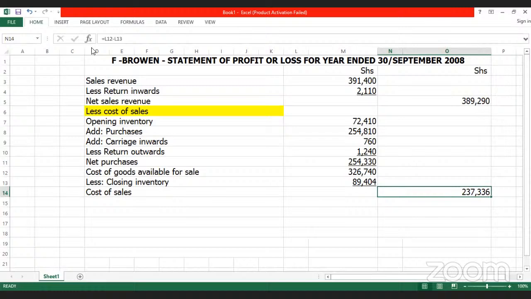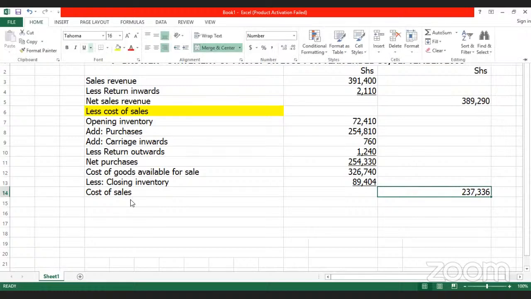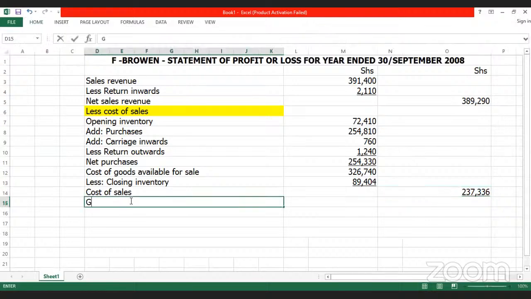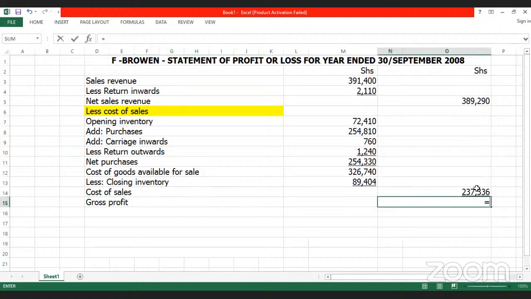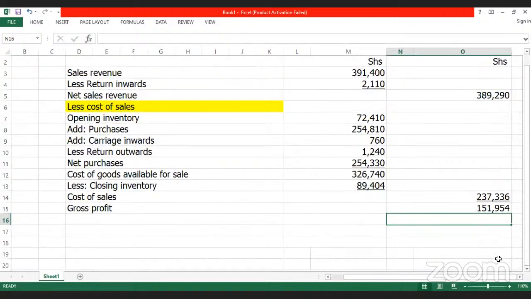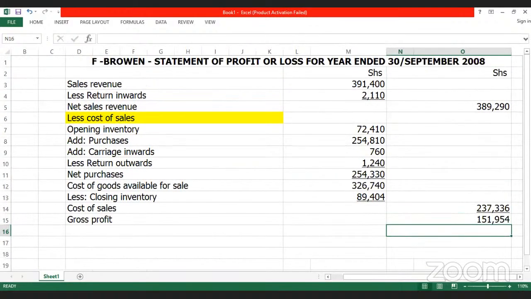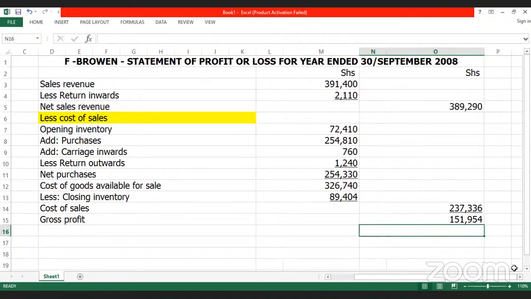That cost of sales is minus from the net sales revenue up there to get what we call the gross profit. Our gross profit is that. Any questions so far before we continue? If you have something which is not clear, please raise any inquiry, you can ask.